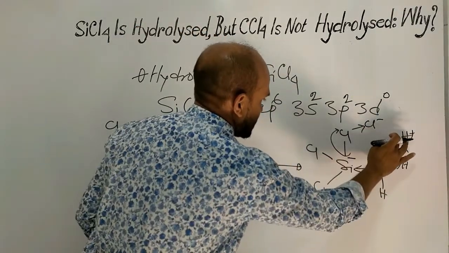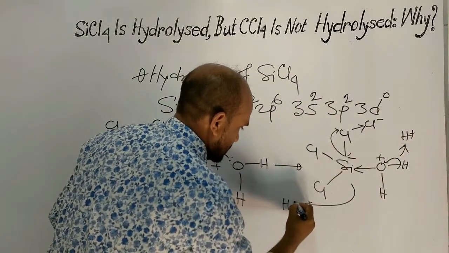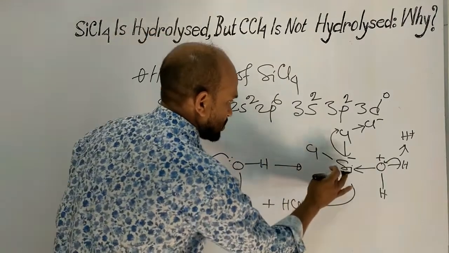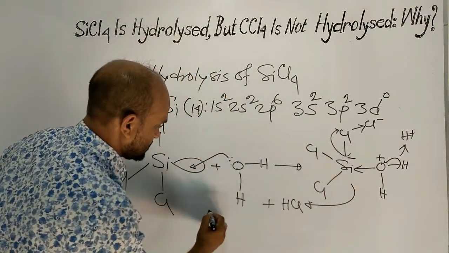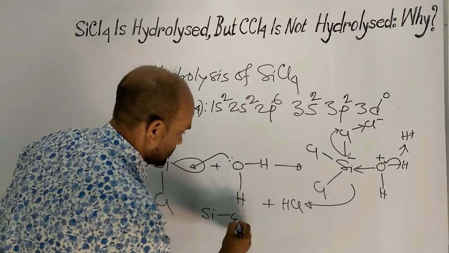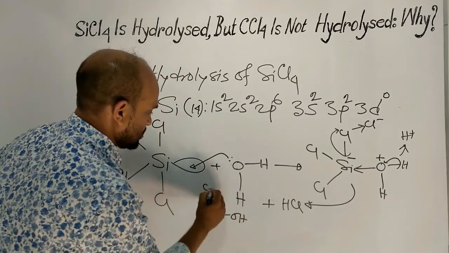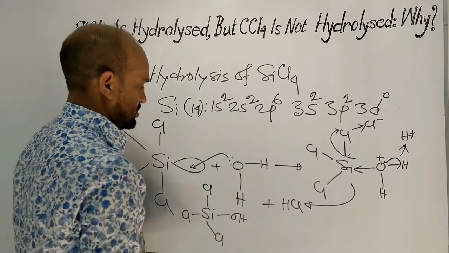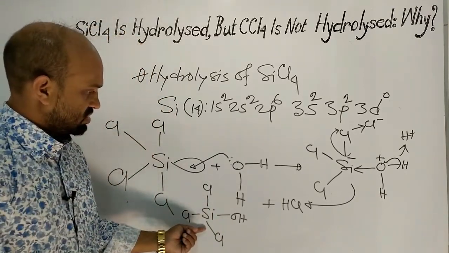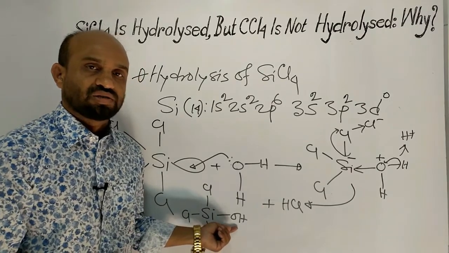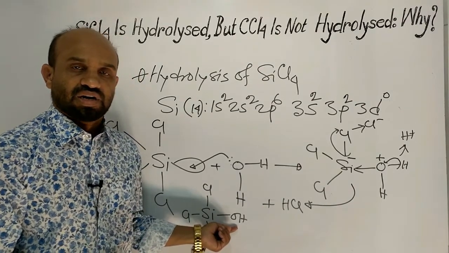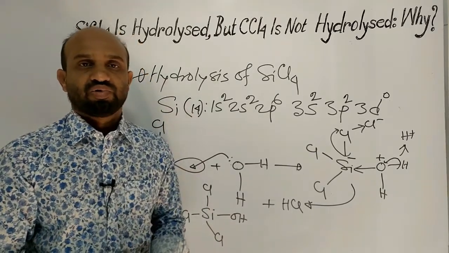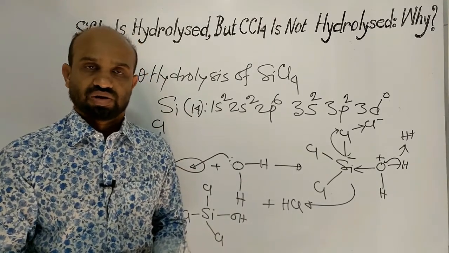Chloride ion and hydrogen ion form hydrogen chloride, and here a compound of silicon is formed, that is silicon, OH, chlorine, chlorine and another chlorine. In this way a chlorine atom is replaced by hydroxide ion. That means here breaking of bond of the water molecule occurs.